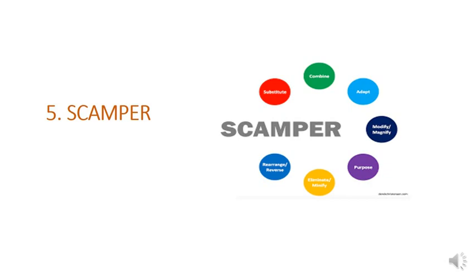We can modify a traditional solution that was existing, so it can come up with better ideas. We can rearrange some components of a solution so it can come up with another solution.